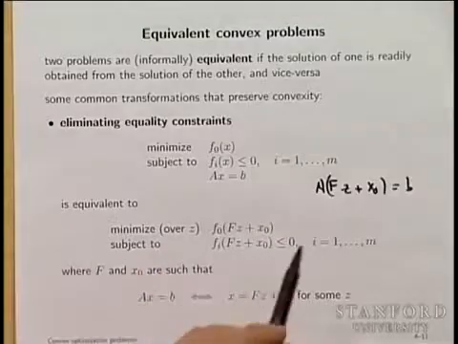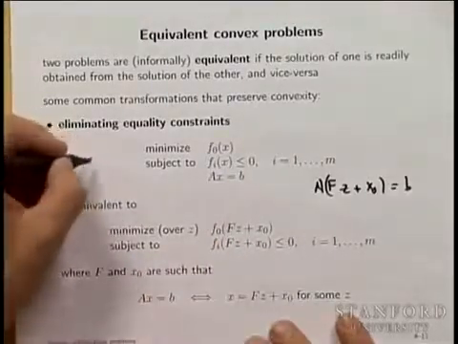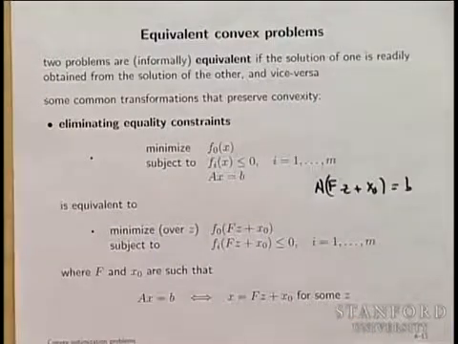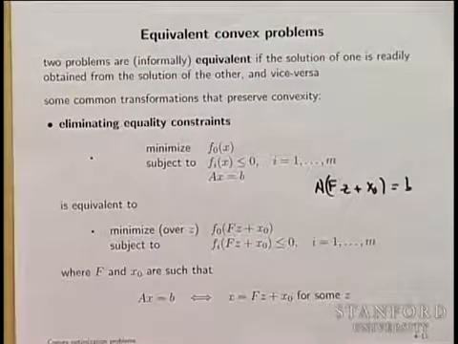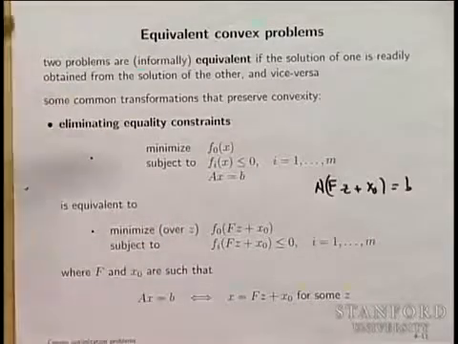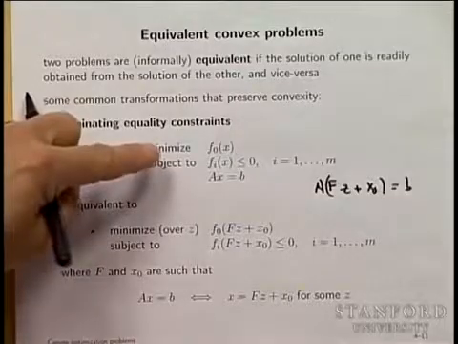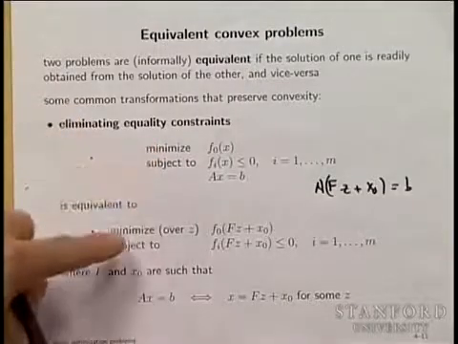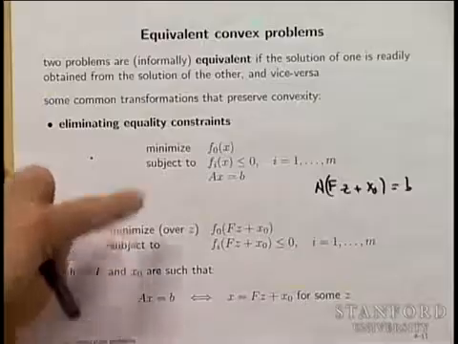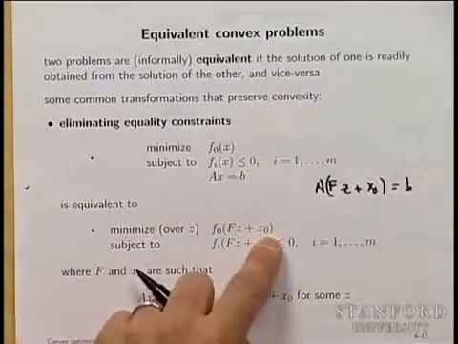So you drop the constraint, and you get this. Now, these are not the same problem. They're totally different. They have different dimension variables. This one has equality constraints. This has none. But they're clearly equivalent, and the idea goes like this. If you wanted to solve this problem, you'd solve this problem and then return x equals Fz plus x0.